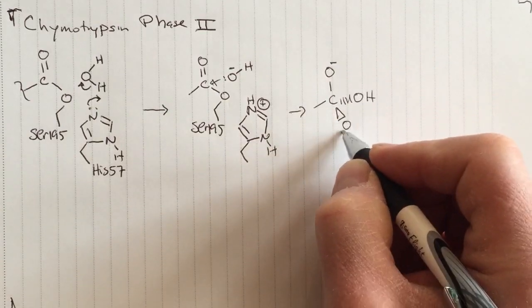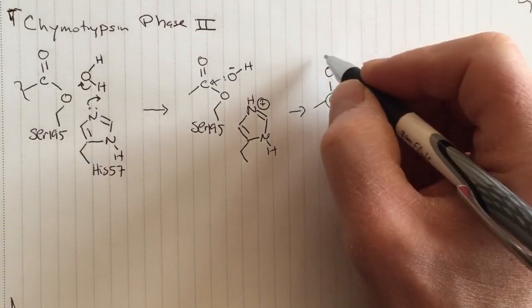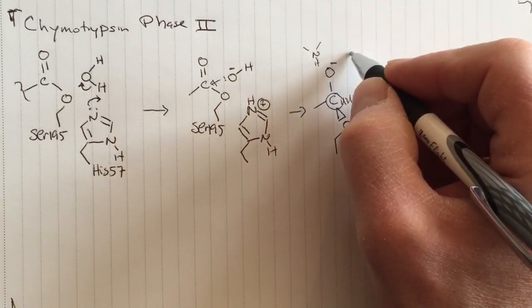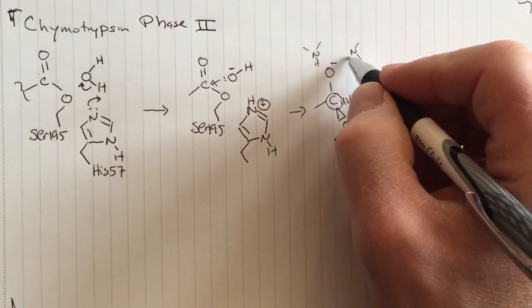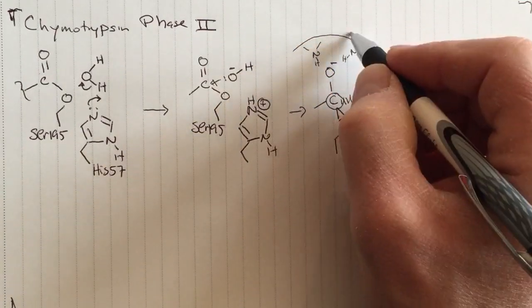And in this geometry, the tetrahedral transition state, we realize more favorable interaction with these peptide moieties provided as what is called the oxyanion hole.